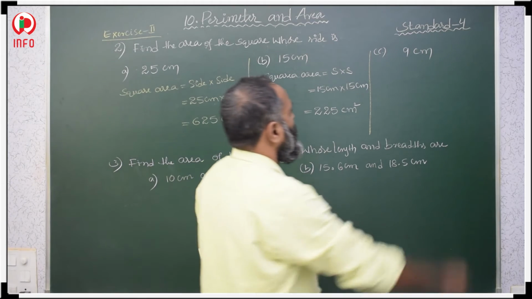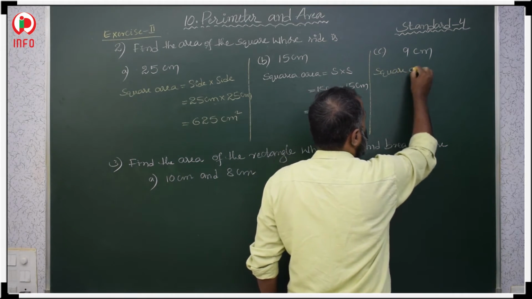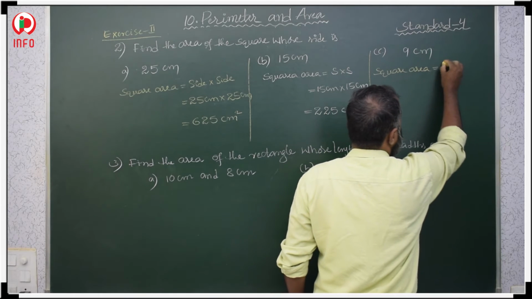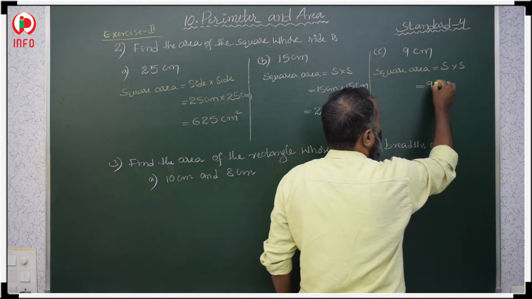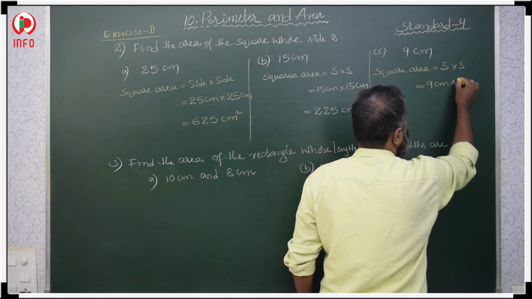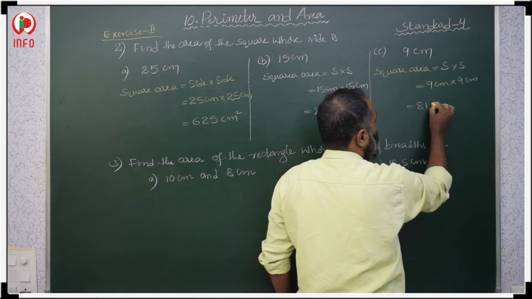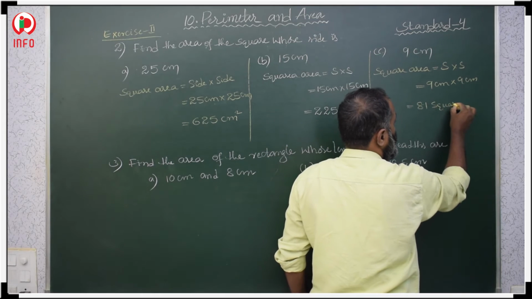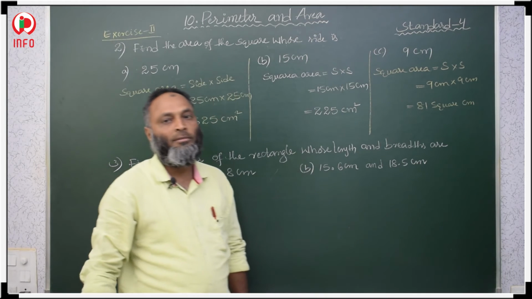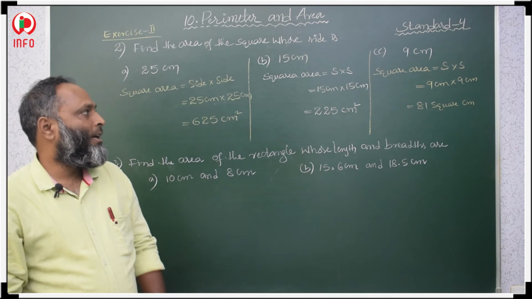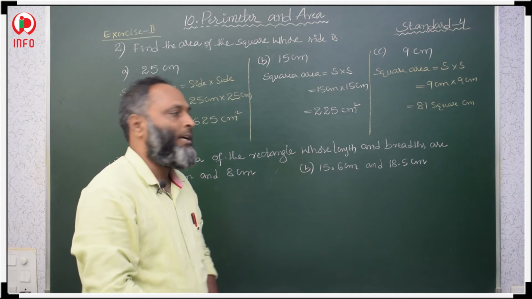Now here square area, that is S into S, that is side into side. 9 centimeters into 9 centimeters. 9 9s are 81 square centimeters. Okay. So this is the area of a square using the formula, that is side into side.